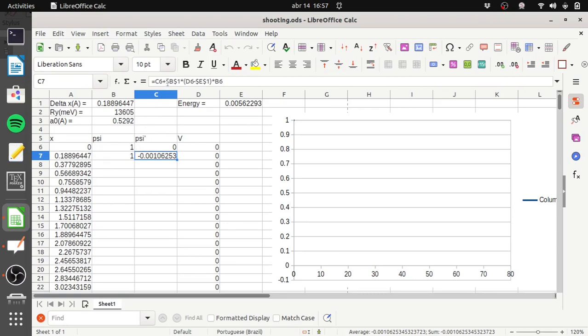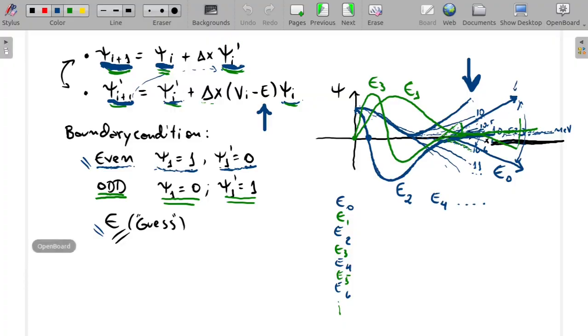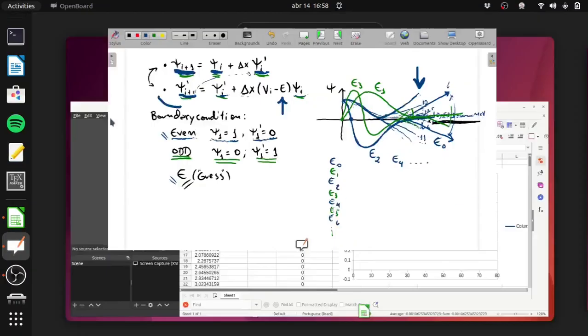Then B1, that's the delta x. This V6 minus E1, that's the energy, right? This V6 is the potential minus the energy, multiplied by B6, which is the psi at that point. If you verify this formula, that's exactly what you get if you want to put this thing in that cell.